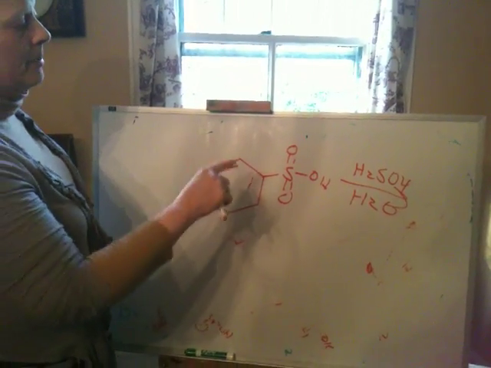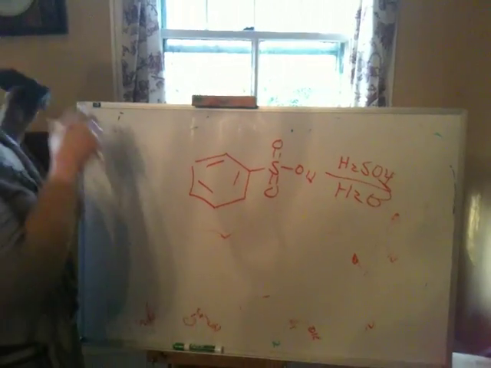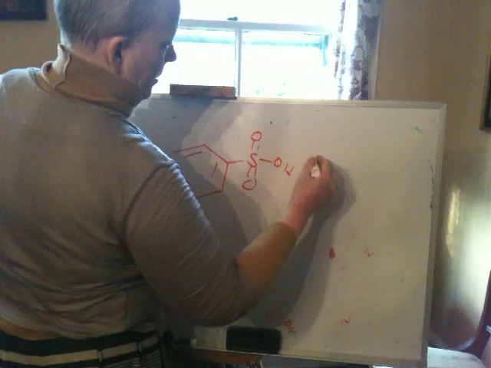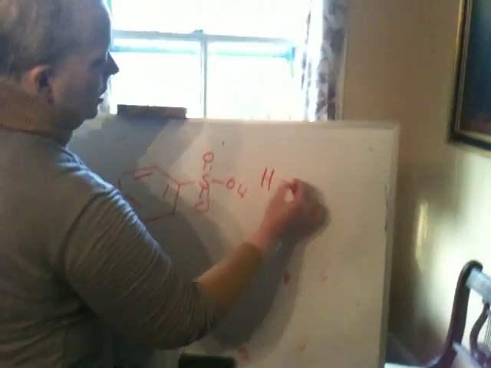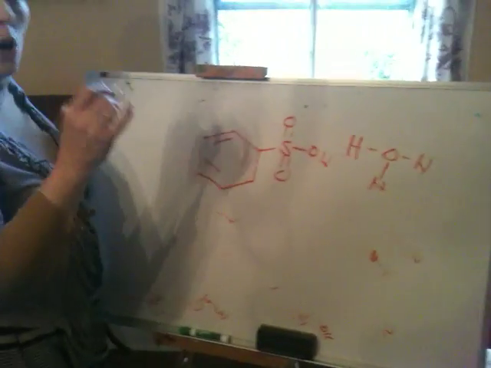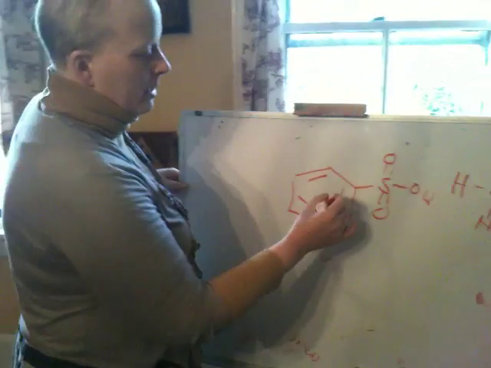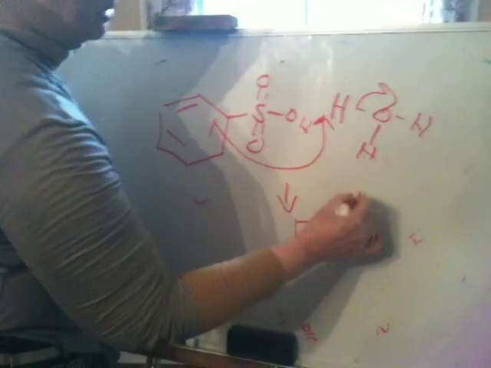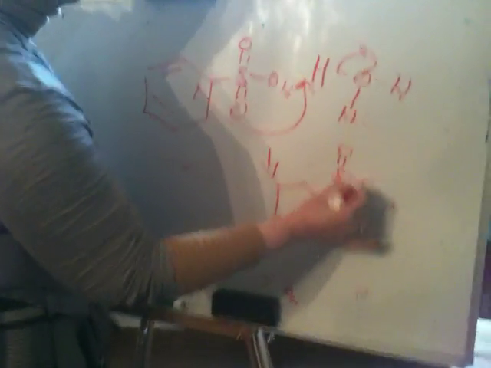So the first step going backwards is going to be protonation. I'll be done in a minute, Clem. If I have sulfuric acid and water, I have hydronium ion. Going backwards, this would re-grab the proton, and you would form this. A lot of people have been asking me this, so I thought I'd go over it.